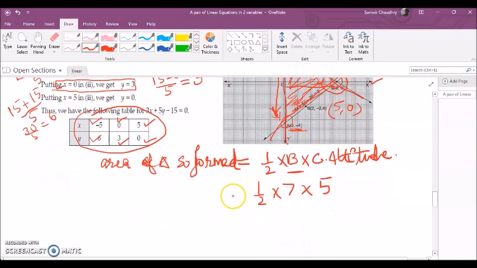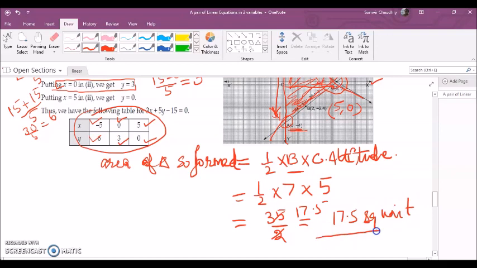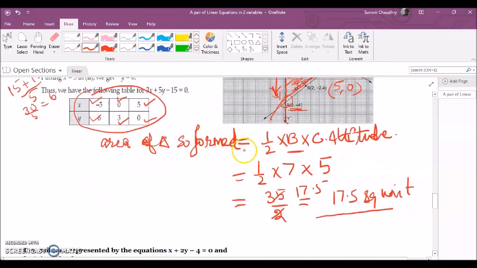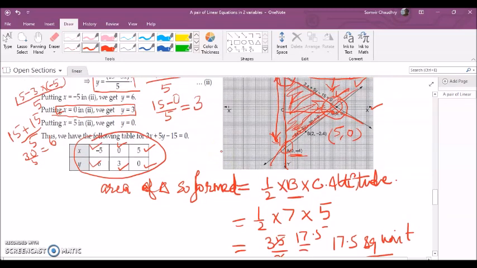So your area is 35 by 2, which gives 17.5 square units. 17.5 square units is the area of the triangle so formed, right? This is your entire question, if it is being asked to find out the area of the triangle so formed.